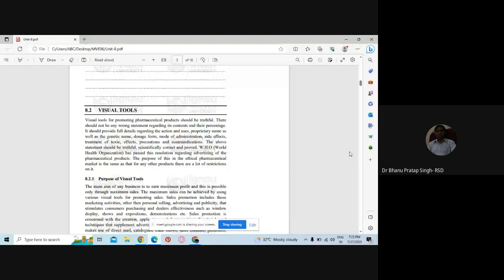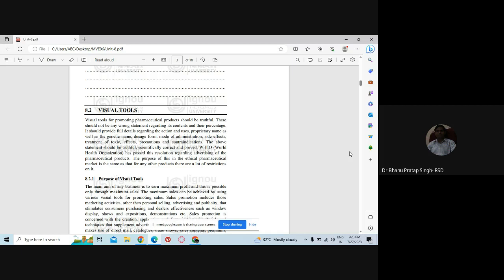and the contraindications. These all should be taken care of. The above statements should be truthful, scientifically correct, and proved. For that, WHO has passed a resolution regarding the advertising of pharmaceutical products, and one should obey that.